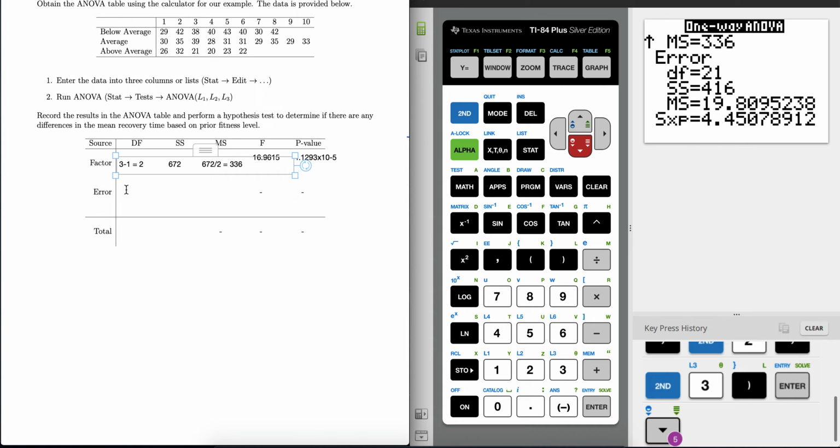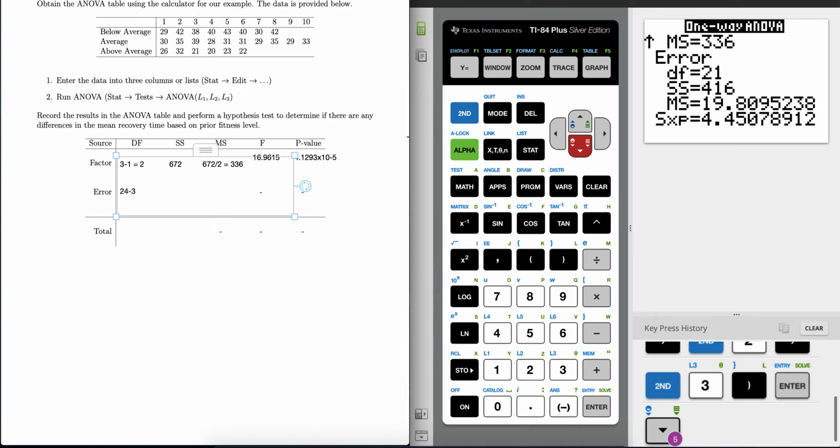So let's jot down some of that here. So our degrees of freedom is 21. And again, reminder where they get 21. It's our total number of observations, 24. That's our N. We had 24 guys in the study, minus number of groups.